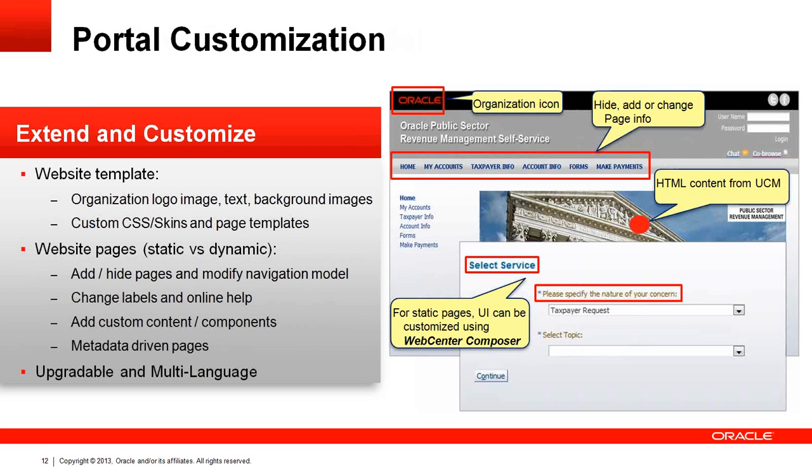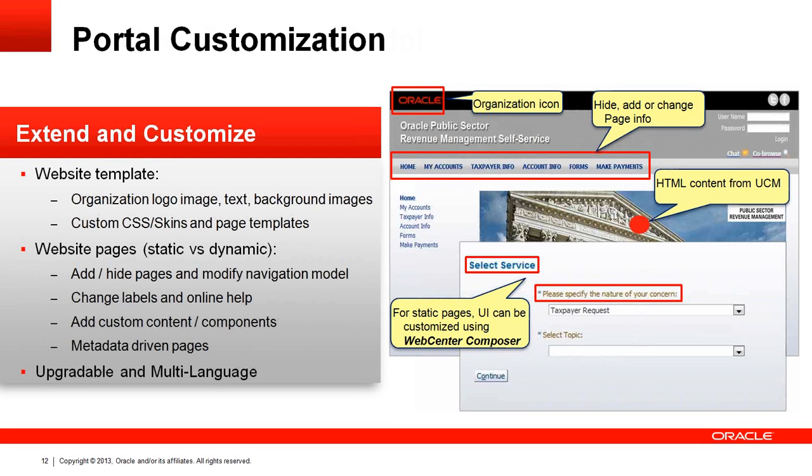The last part of our presentation will be the ability to customize and extend the application itself. And that includes two parts: the portal customization and the integration layer customization. The portal customization is based on Web Center technology. So there's a lot of customization that can be done to the website itself. You can customize the website page template.